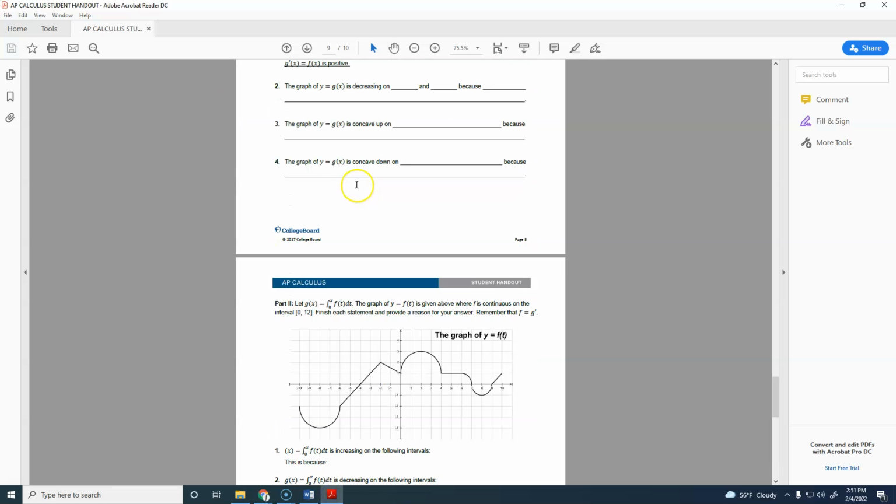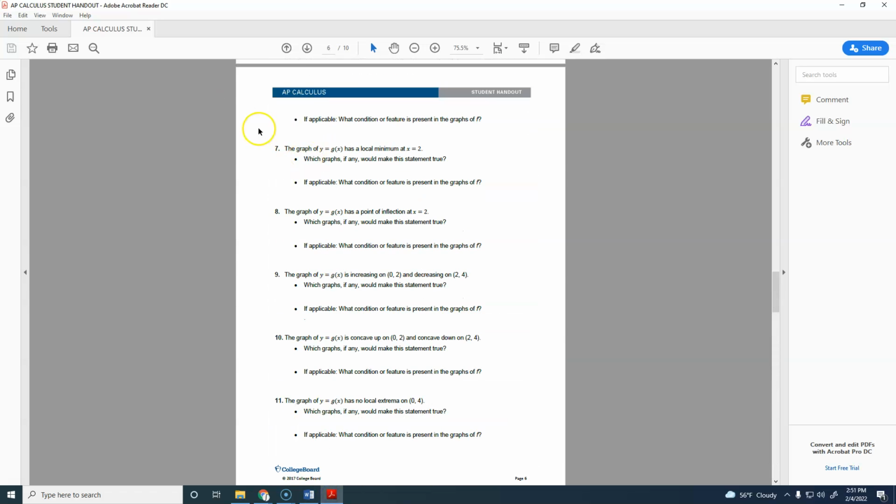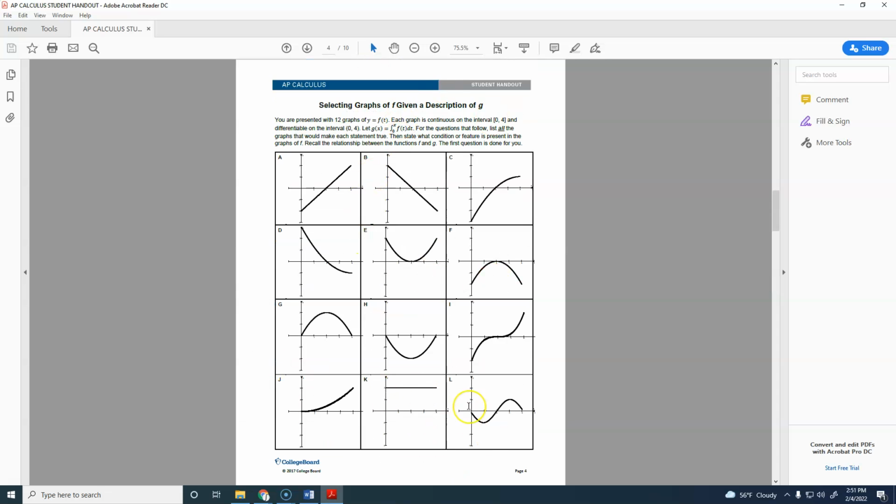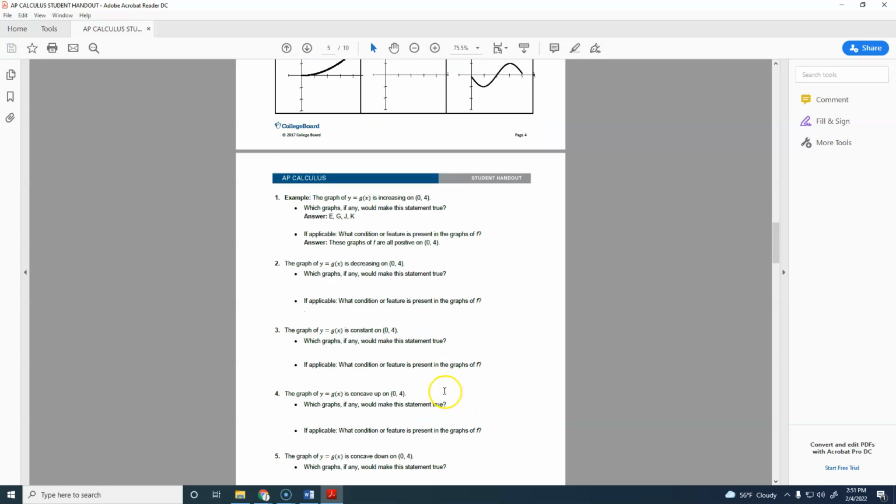So, you have on the next page, you've got all of these graphs right here. And so they want you to use these graphs to answer the next questions that you see. So they give you this example for number 1. It says the graph of y equals g of x is increasing from 0 to 4.